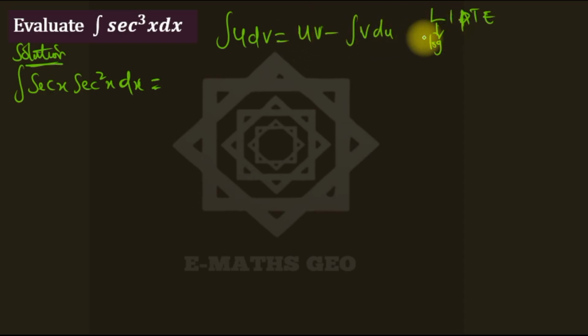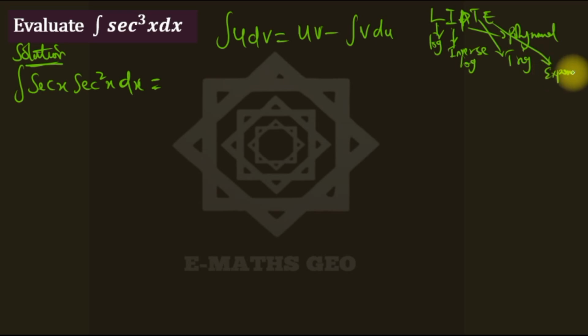I is inverse, P is polynomial, T is trigonometry, E is exponential function. But in this case, both of them are trig functions.